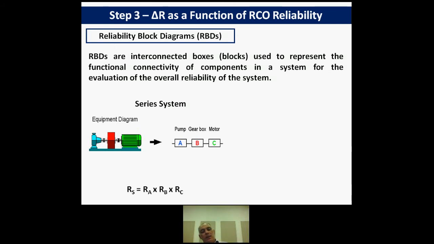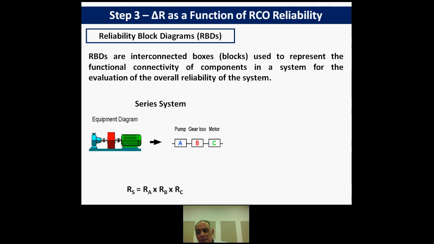And in that case, if we know the individual reliabilities of the system, then we can evaluate the overall reliability based on the principle that if any of them fails, the whole thing fails.